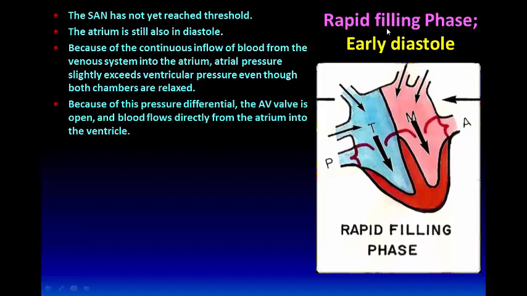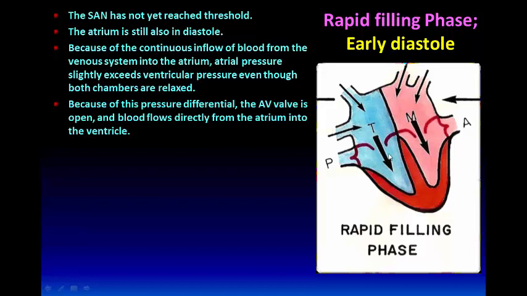During this rapid filling phase, the sinoatrial node has not yet reached the threshold, so the atrium is still in diastole. Because of the continuous inflow of blood from the venous system into the atrium, atrial pressure slightly exceeds ventricular pressure, even though both chambers are relaxed.